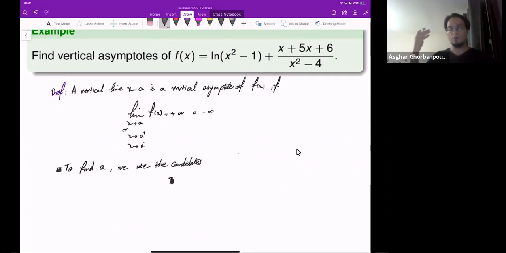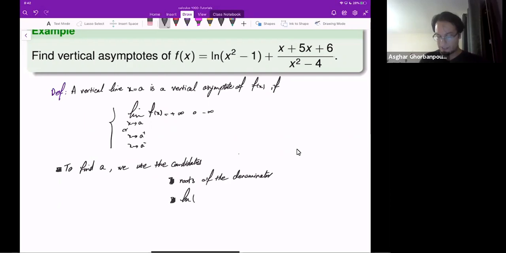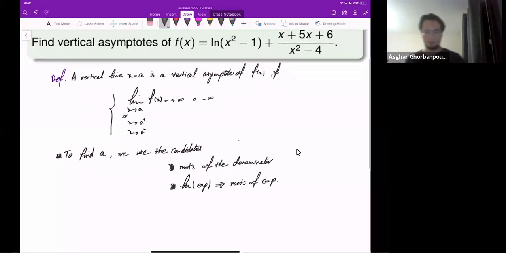If it is some function over another function, the roots of the denominator are candidates. And also, if you have ln of some expression, then the roots of that expression are candidates. You find those, then try them and see which one works.